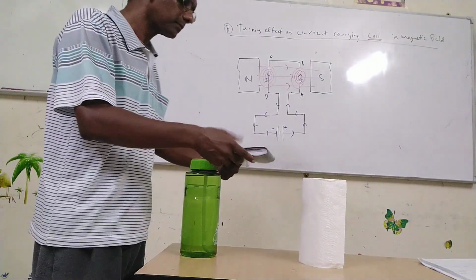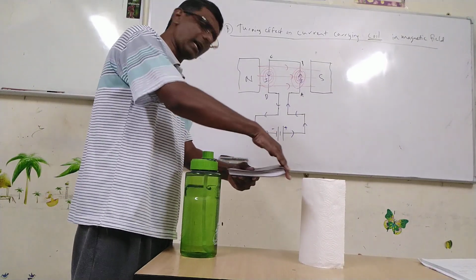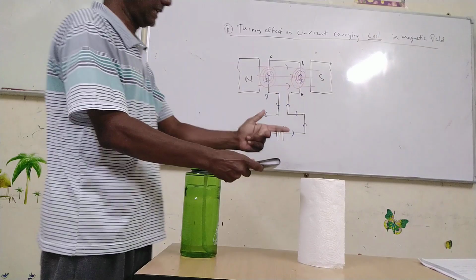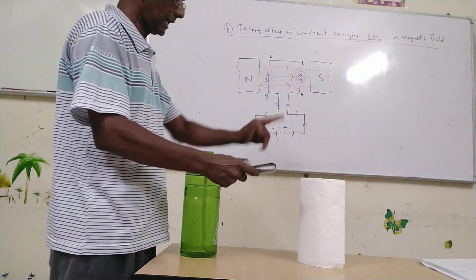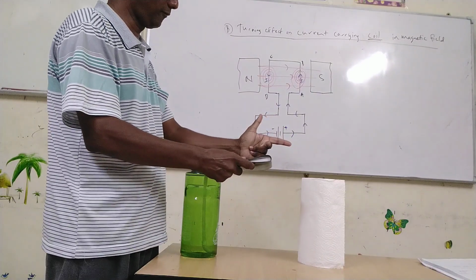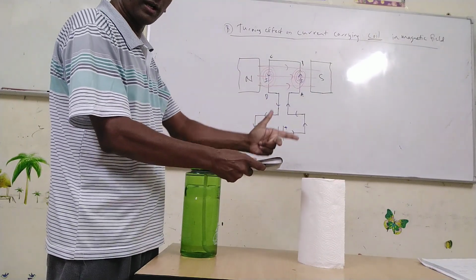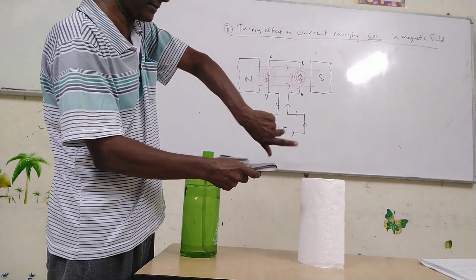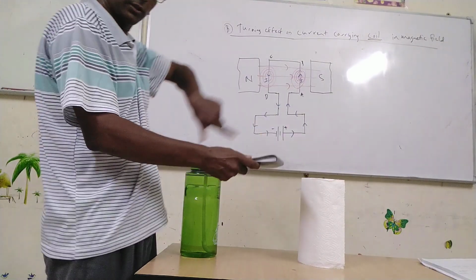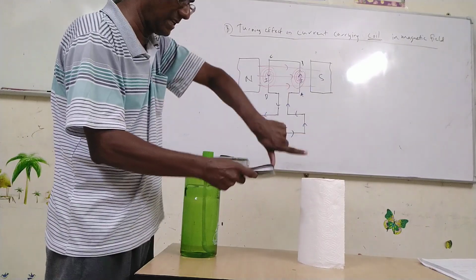Okay, now the current flows in this wire towards the whiteboard. In CD, the current flows out, so you turn your hand like this, with the North Pole and South Pole, and the force acts downwards.